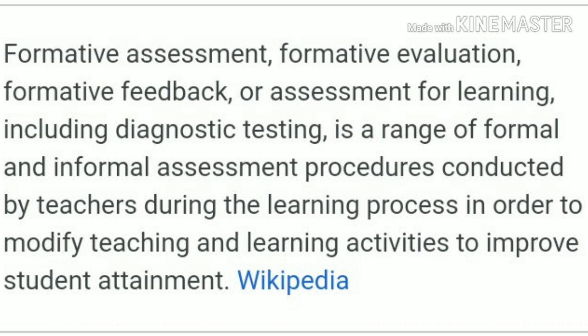The goal of formative evaluation is to monitor student learning, to provide ongoing feedback that can be used by instructors to improve their teaching and by students to improve their learning. Example, asking students to submit one or two sentences identifying the main points of the lecture.